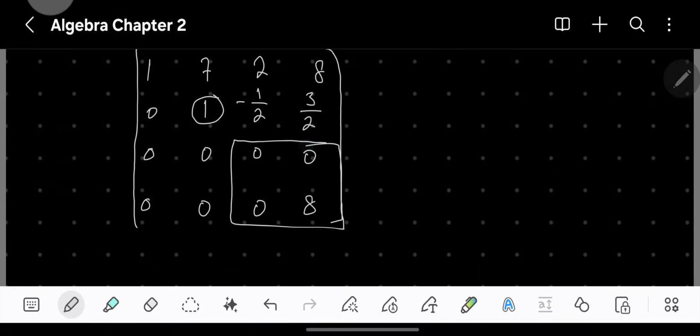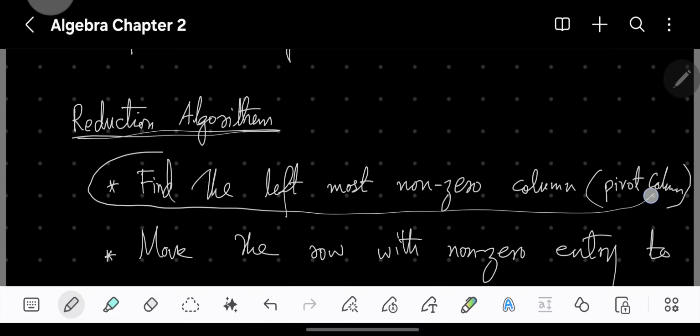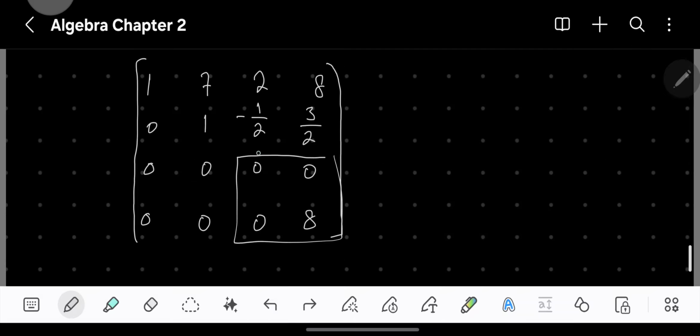Now I have to repeat the whole procedure for this submatrix. The first part is to find the leftmost non-zero column. There are only two columns. What is the leftmost non-zero column?